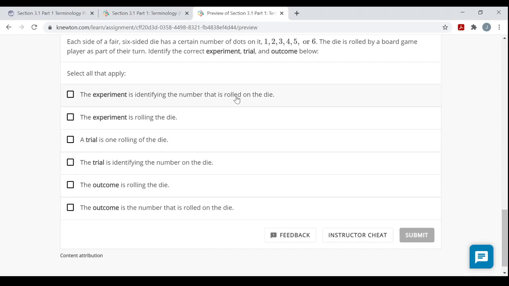I would say that rolling the die and recording the number would be the experiment here. So I'm going to select that one. Because just rolling the die, I don't know, you also look at the number after you roll it, right? I would say that this is the experiment being performed.